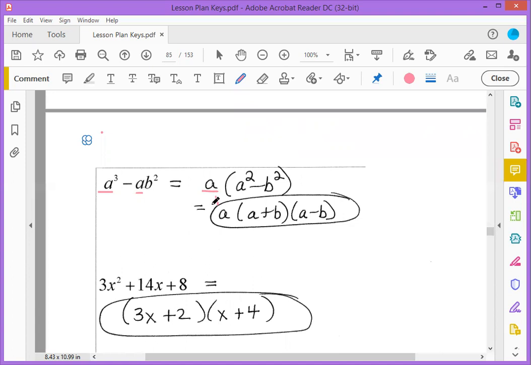Carry down your a in front of the parentheses, and our a squared and b squared, that's just a difference of perfect square terms again. Our a term, what are we squaring to get that a squared? It's a and a. And then our b term, we're squaring b and b. And remember, we factor using a plus b and a minus b. That's our special case, the difference of perfect square terms.